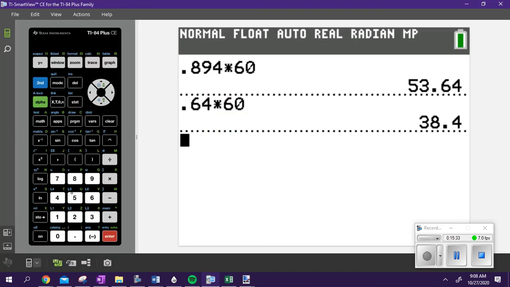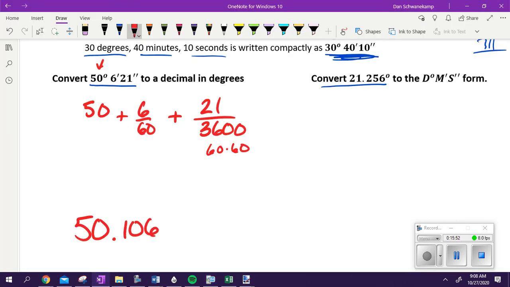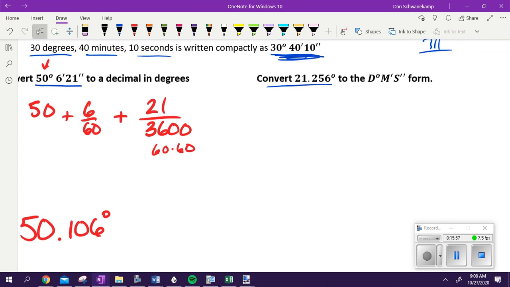So in my calculator, you can do 50 plus 6 divided by 60, and then plus 21 divided by 3,600. Hit enter, boom, 50.106 is going to be my answer written in the decimal degrees.